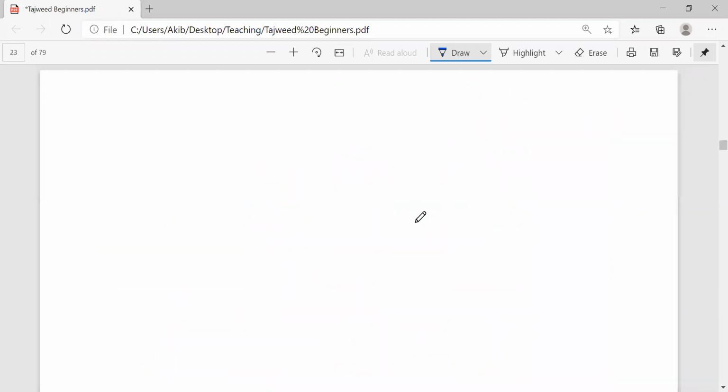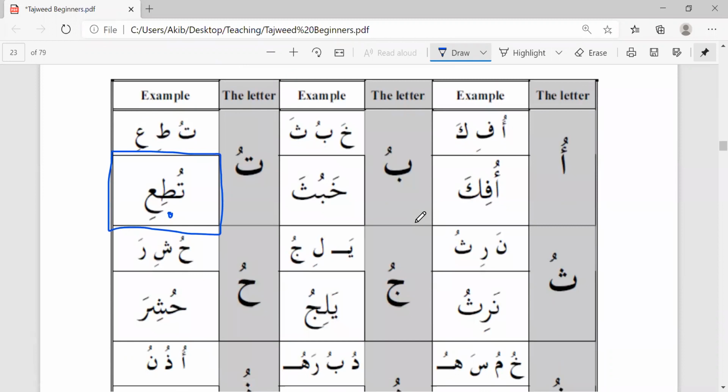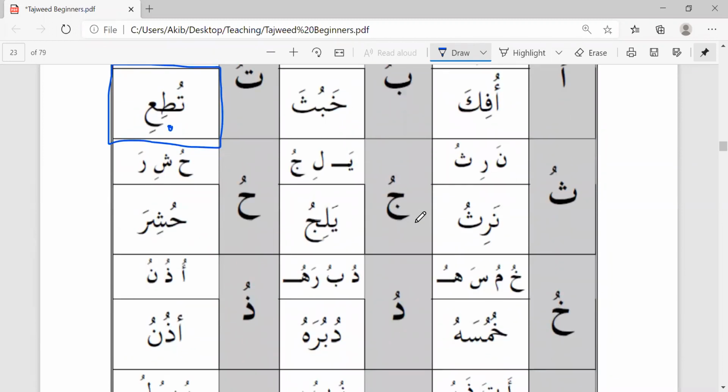And with regards to the dhamma, instead of saying u, you'll have people saying o. So for example, this word here, instead of saying hushira, they might say hoshira. They made both the dhamma and the kasra incorrect.